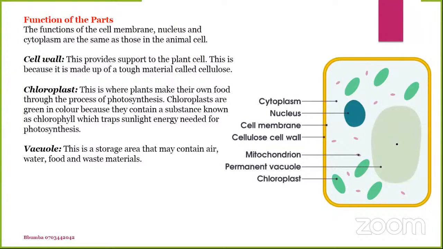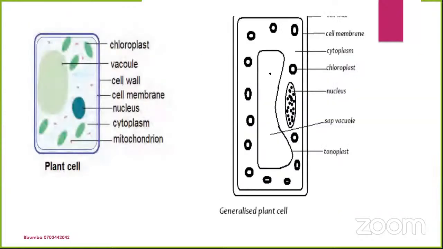Sometimes it may store food. It is some space in the middle of a cell. Let me use this picture. This is the vacuole, which may store food or waste. That's the middle part. And this layer which is surrounding the vacuole is called the tonoplast. Thank you, teacher. You're welcome.